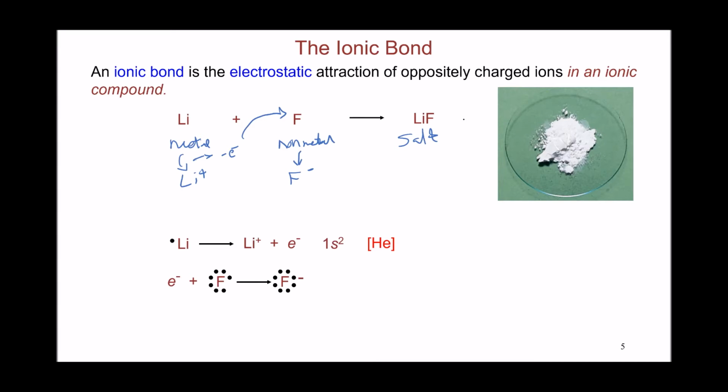Non-metal likes to gain electrons to get the electronic configuration of the next noble gas, which is neon. And since those are negative and positive charged particles, they will actually electrostatically attract each other and make an ionic compound. Because of the nature of this electrostatic attraction being a very strong interaction, these compounds will be very stable.